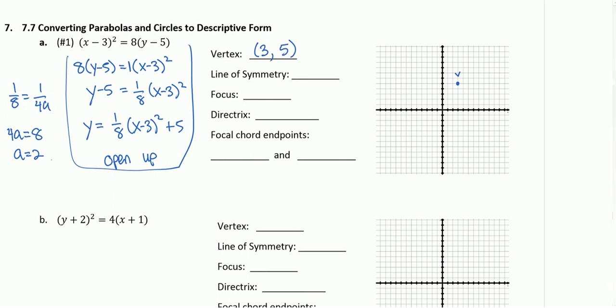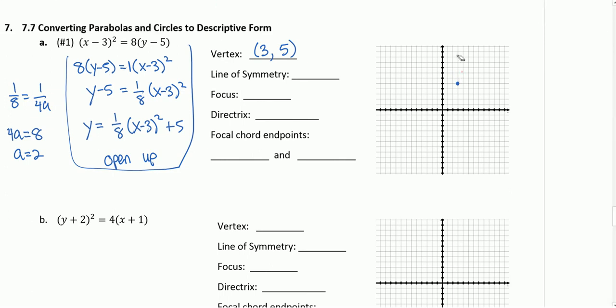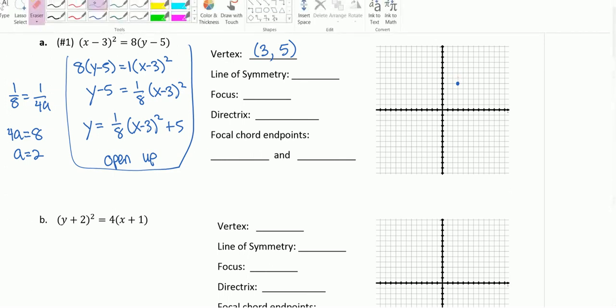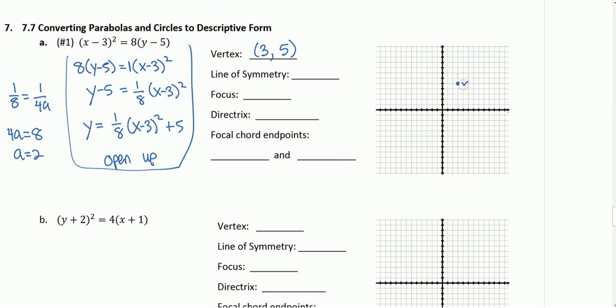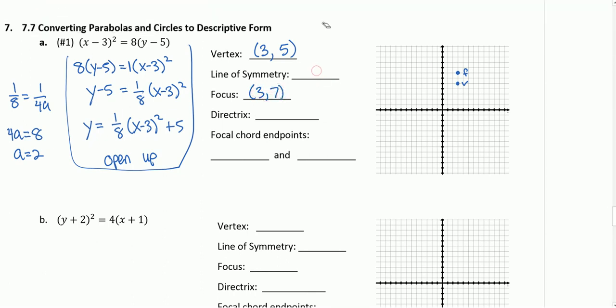Because our parabola is opening up, we're going to go up 2 units from our vertex, and so that's going to be at 3, 7. Sorry, that's the focus, not the line of symmetry. Let me correct that.